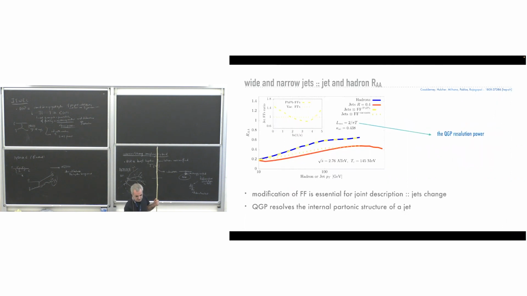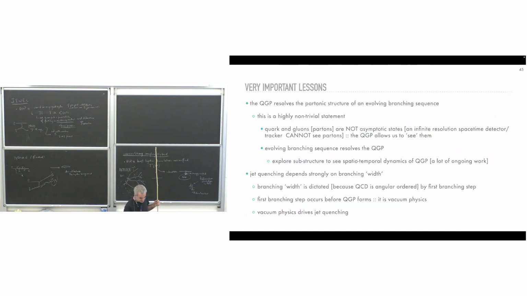So this is a very important lesson: the QGP sees the internal structure of jets. The QGP does not interact with the jet as a single object; it really sees the internal structure. And this is a very bizarre statement, because quarks and gluons are not asymptotic states, so you are not allowed to see them as such.